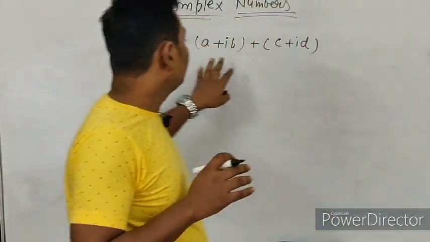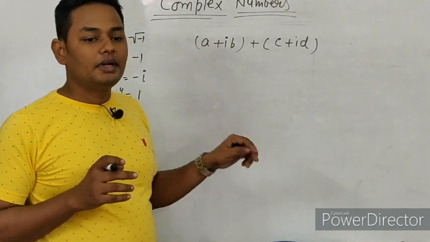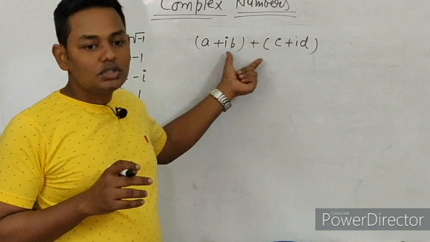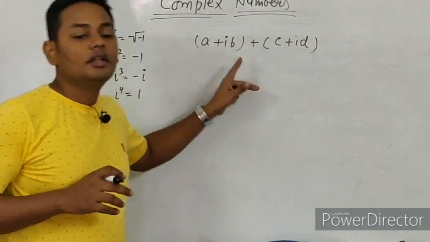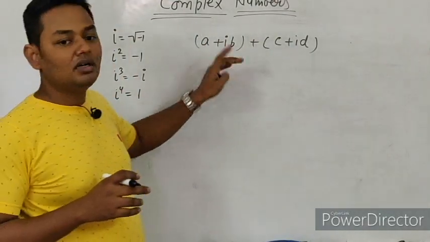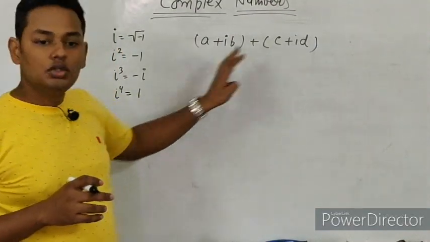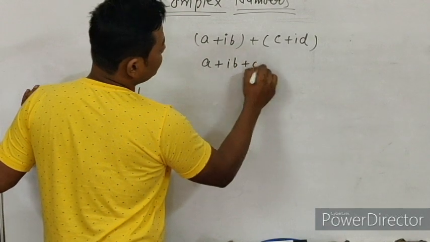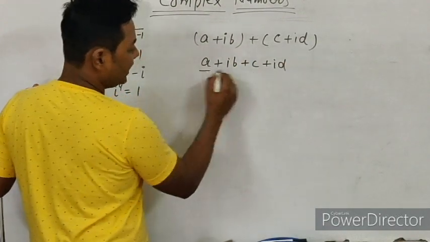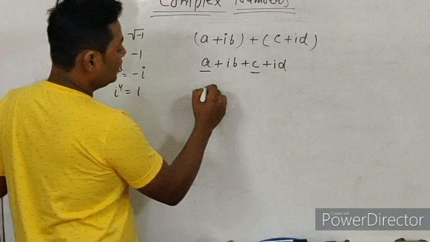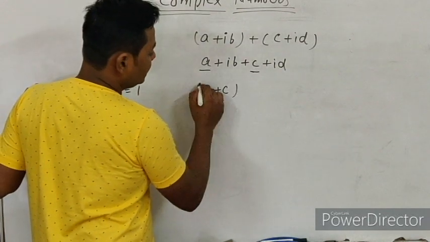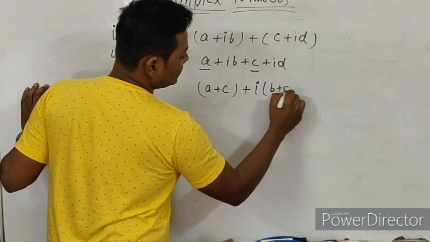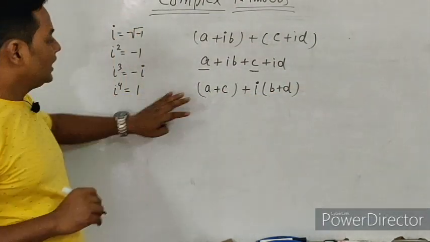Usually, in algebra, you add the numerical values together and variables together. Similarly, we will add the imaginary parts of the complex numbers together and the real parts together. So a plus ib plus c plus id. A and c are the real parts of the complex numbers, so a plus c, and here iota is common, then b plus d.